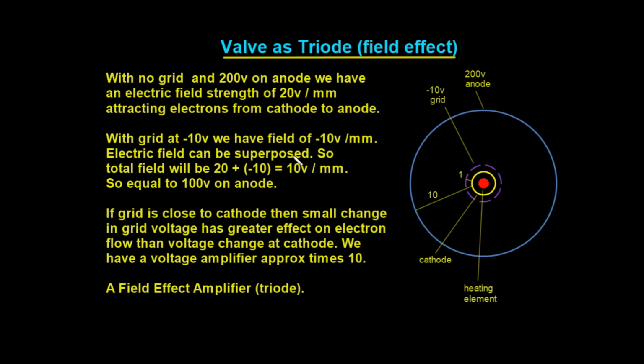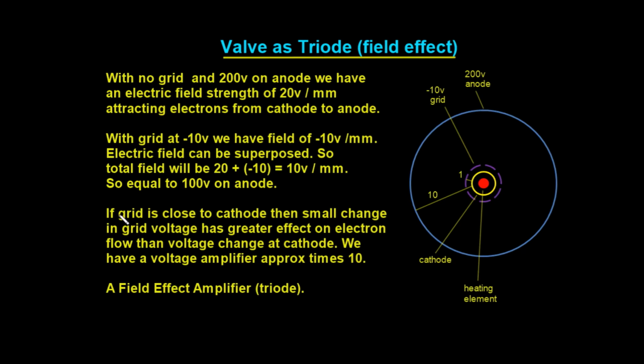So overall, the electric field is going to drop from 20 volts per millimeter to 20 minus 10, which will be 10 volts per millimeter. So that means that, in effect, the anode will now be sitting at 100 volts as opposed to 200 volts.